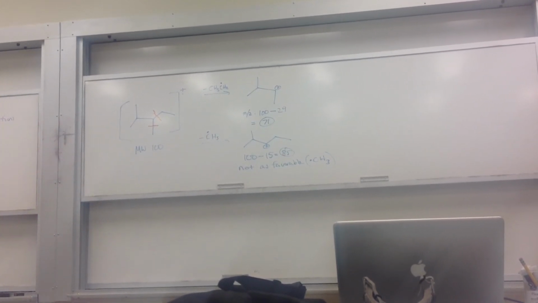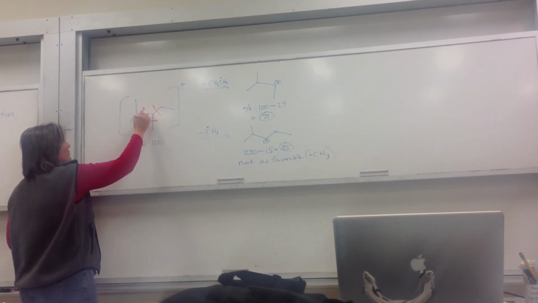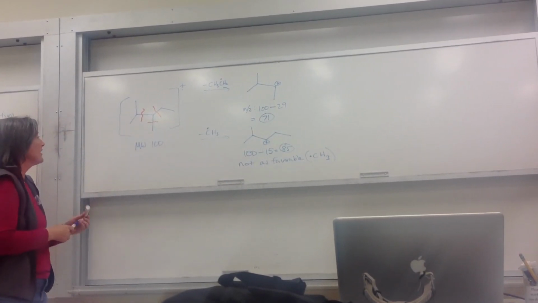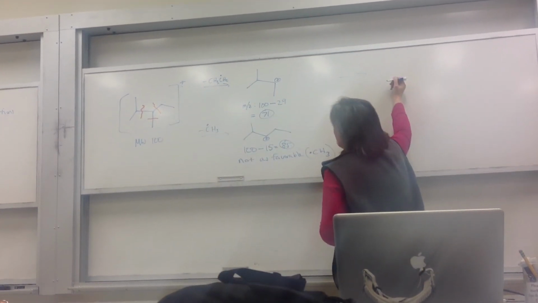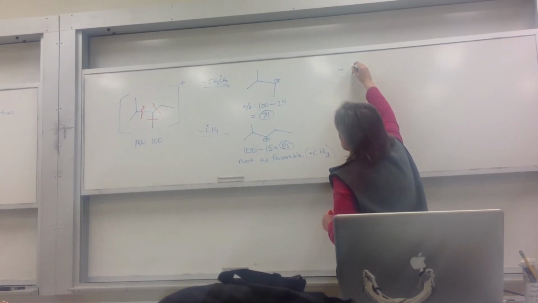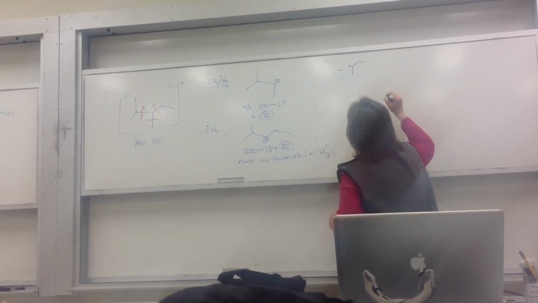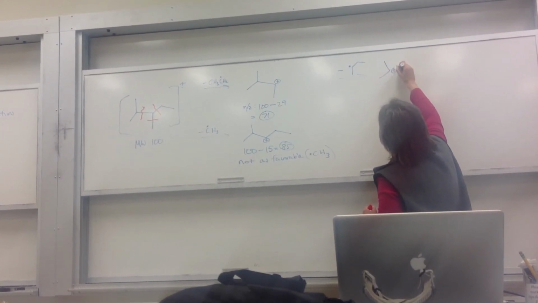What else do you think? You can cut off at 43, like. Yeah, I could cut off right there. And if I cut off right there, I could get, so this would be minus this piece as a radical, right? And it would give me the isopropyl part as a plus.